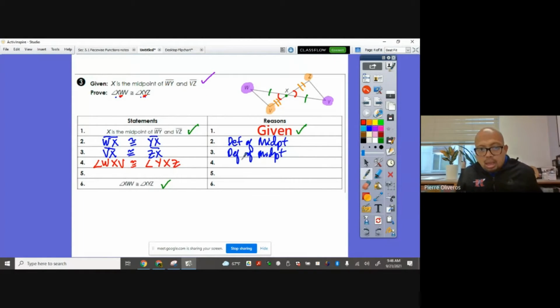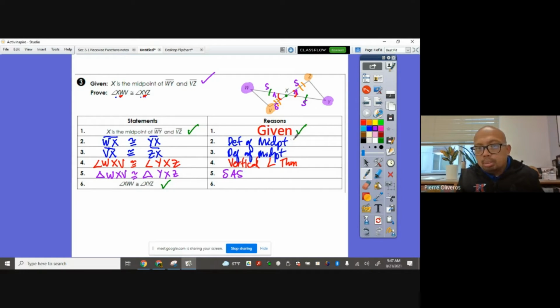And what's the reason for that? That's going to be the vertical angle theorem. So now we have a side, an angle, and a side here, and a side, an angle, and a side here. We can say triangle WXV is congruent to triangle YXZ using side-angle-side.